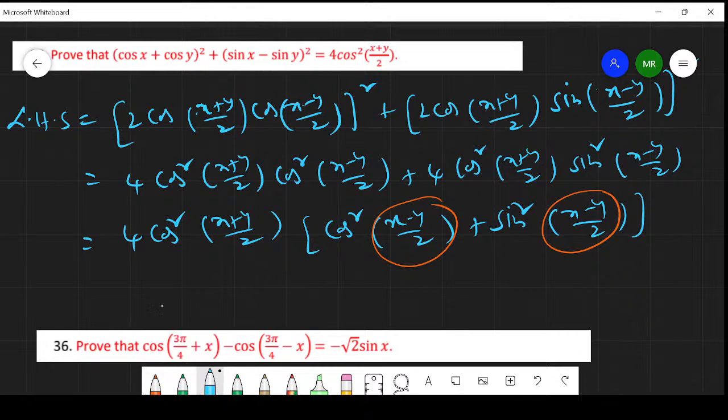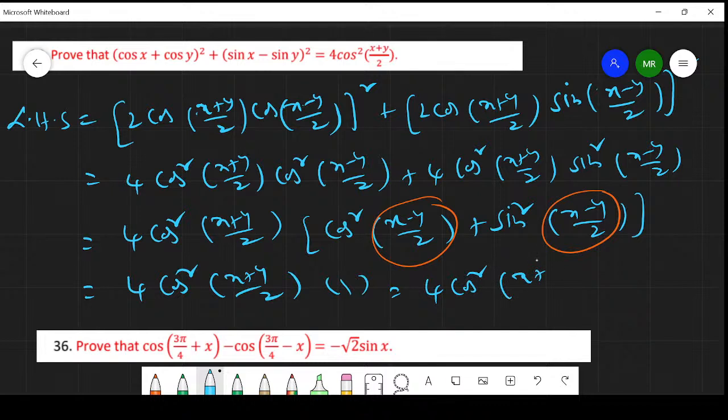So I can write 4 cos square of (x plus y) by 2 into 1. That is the required answer, 4 cos square of (x plus y) by 2. That is the RHS. We got it right. It's a simple problem, one of the expected questions, important for 3 marks.